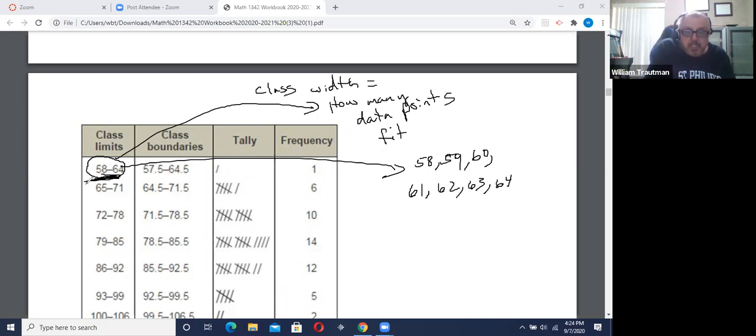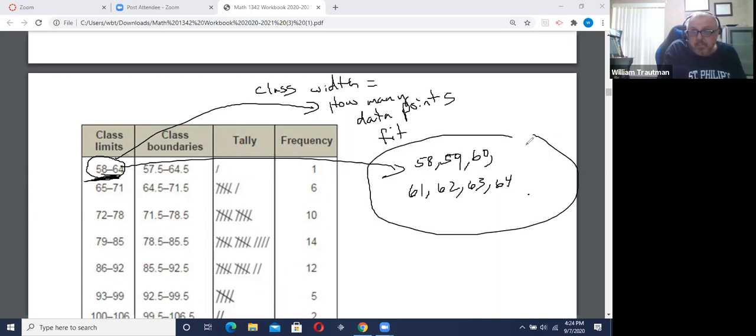Number 58, 59, 60, 61, 62, 63, and 64, because that's the class limit from 58 to 64. If you add those up, there's 7 of them. That's our class width.